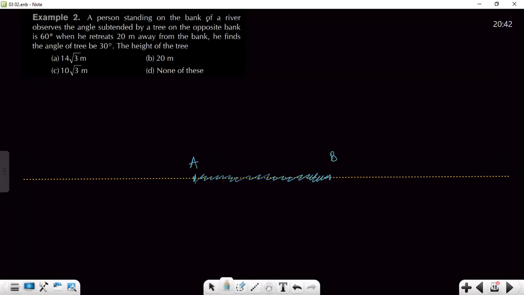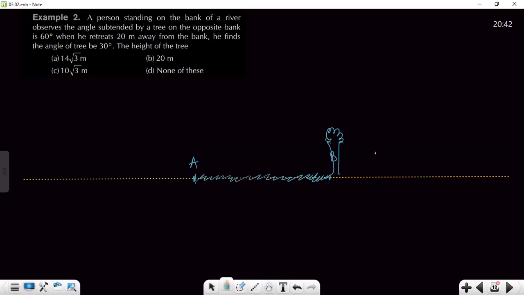A person standing on the bank of a river. So a person is standing on the point A. Observe the angle subtended by a tree on the opposite bank. So there is a tree here. The angle is 60 degrees when he retreats 20 meters away from the bank.